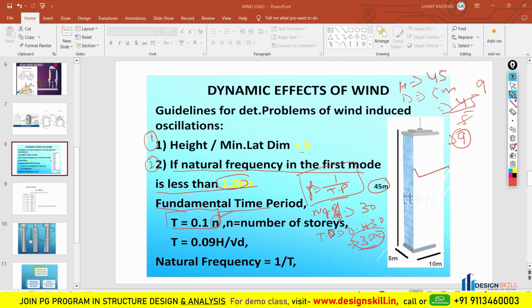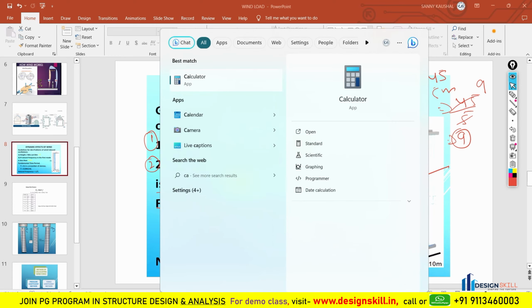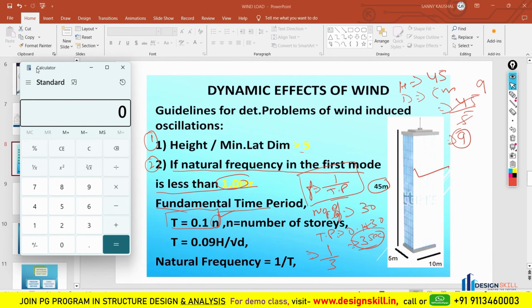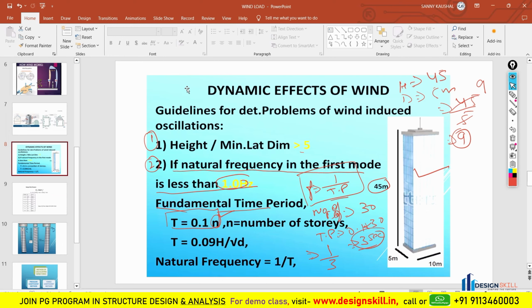Now I told you how you have to calculate the frequency. Frequency is 1 by Tp. So 1 divided by 3, how much is it? You can just calculate it, you can open the calculator. 1 divided by 3, it is coming 0.33.